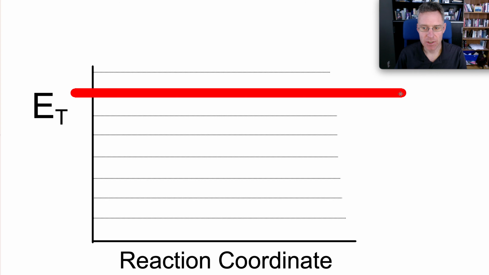It is not going to change. Now that total energy might be made of different amounts of potential and kinetic. So at the very beginning, let's say this is our energy potential, and everything above this is our energy kinetic.